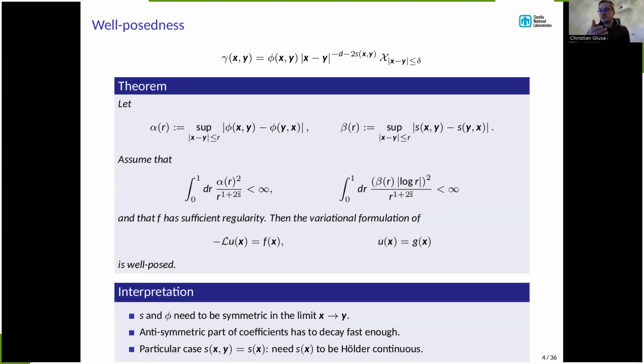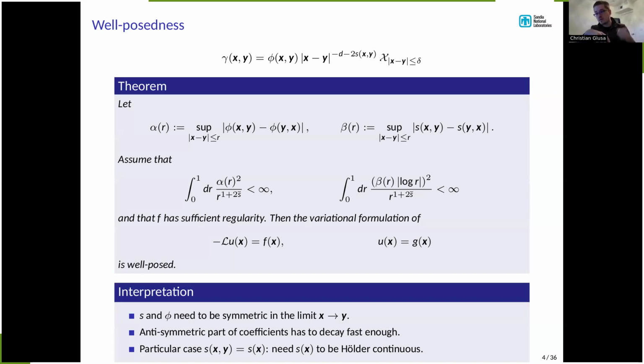The upshot is that, in the most general case where s and phi, so your fractional order and the diffusion prefactor, depend on x and y, on both of these variables, then you effectively need to control or have regularity on the antisymmetric part of these coefficients in the limit of x going towards y, as we're approaching the singularity.